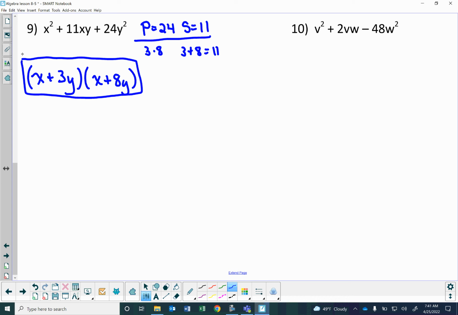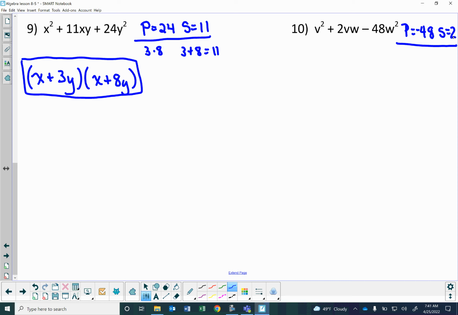Number 10, I need a product of negative 48 and a sum of 2, which means the larger of the two factors has to be the positive factor. And the factors should be fairly close together, because my sum is small. If my sum was big, my factors would have to be further apart.